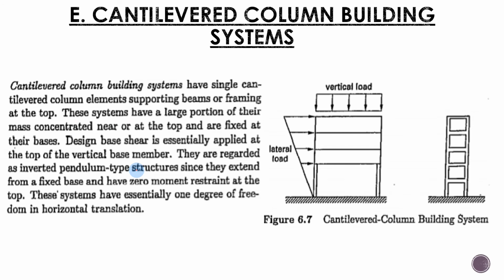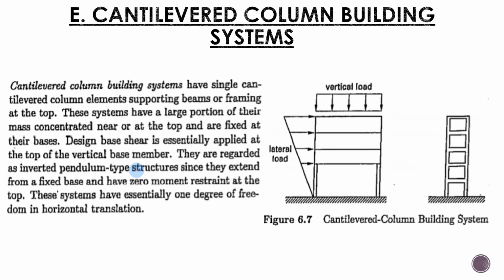Then E, so cantilevered column building systems. The cantilevered column building systems have single cantilevered column elements supporting beams or framing at the top. So these systems have a large portion of their mass concentrated near or at the top and are fixed at their bases.